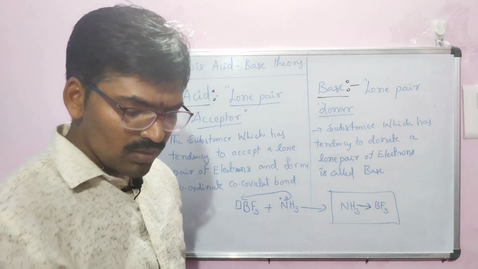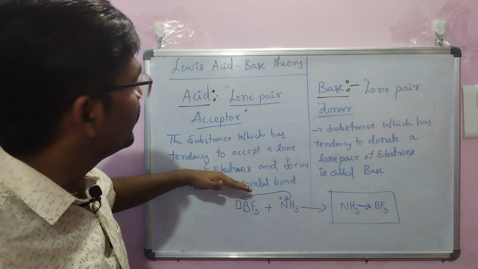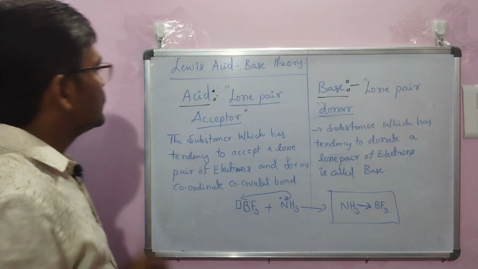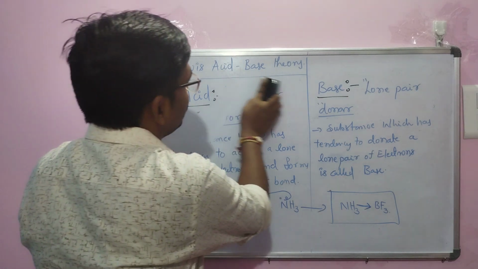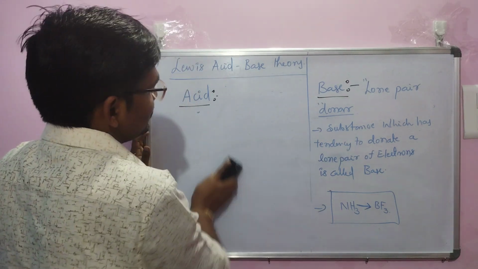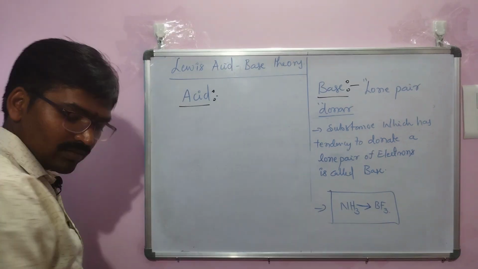Okay. Now, which are the examples under Lewis acid and Lewis base that we have to explain? First, if you take acids, which are the Lewis acids?